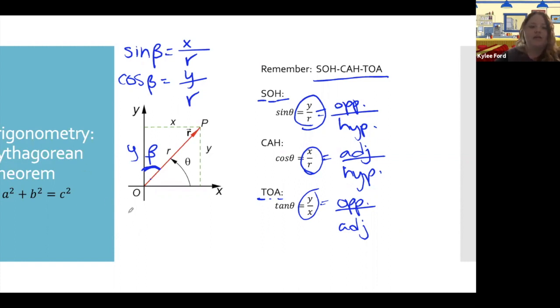Okay, so last one, tan of beta is going to be opposite, which is x, over our adjacent, which is y. So again, watch out for the angle you're looking for. It all depends on that angle and where your right angle is in your triangle.